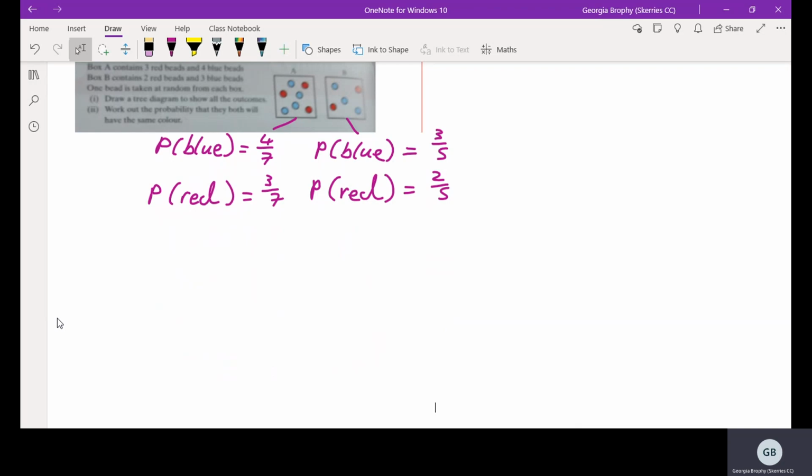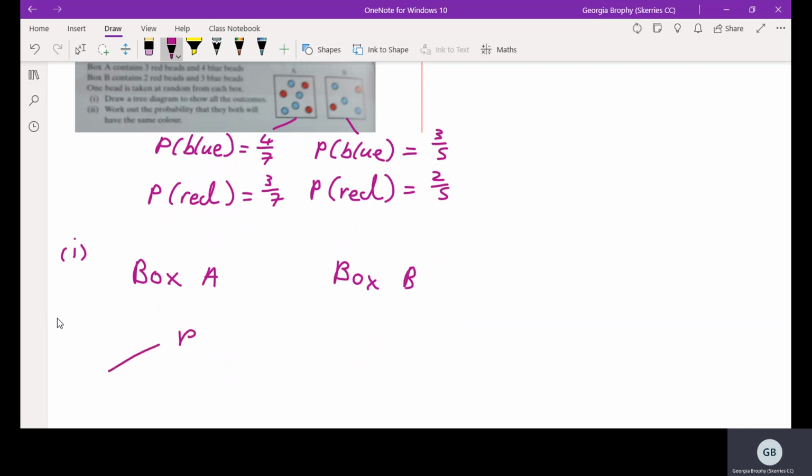They've asked us to draw a tree diagram to show all the outcomes. Let's get started there. So you're going to take a bead from box A, and then you're going to take a bead from box B. When you take a bead from box A, one of two things will happen.